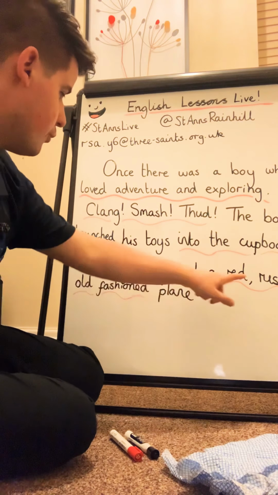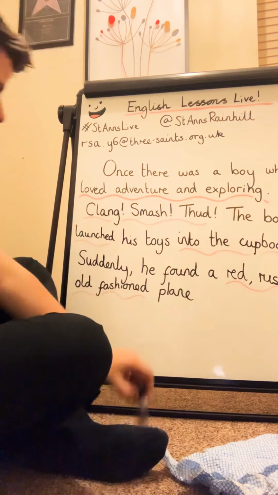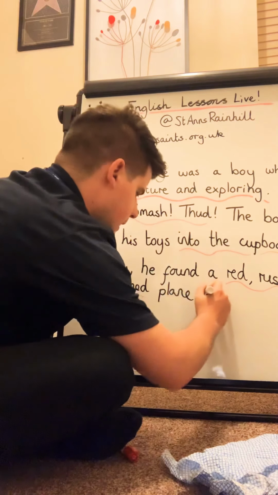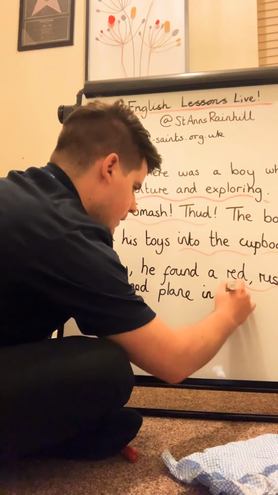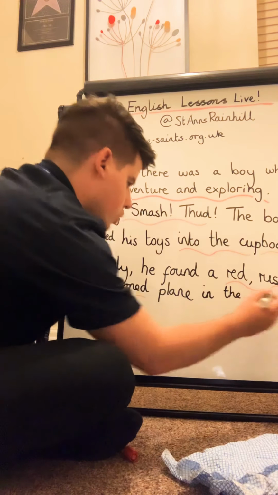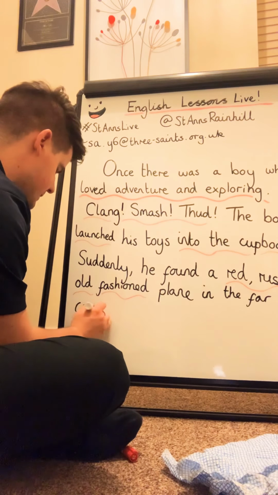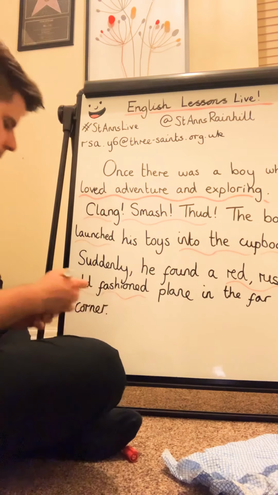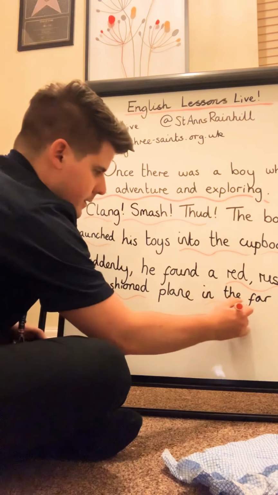Suddenly, he found a red, rusty, old-fashioned plane in the far corner. So what I'm adding there is a preposition phrase to tell me where it was. There we go.